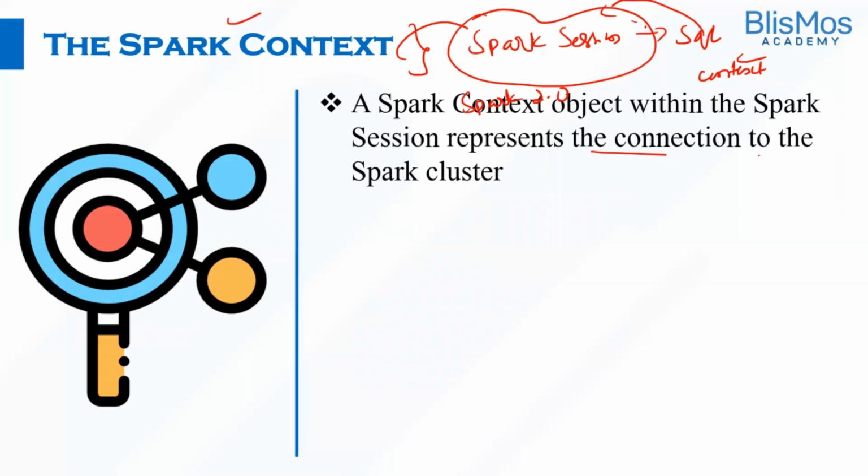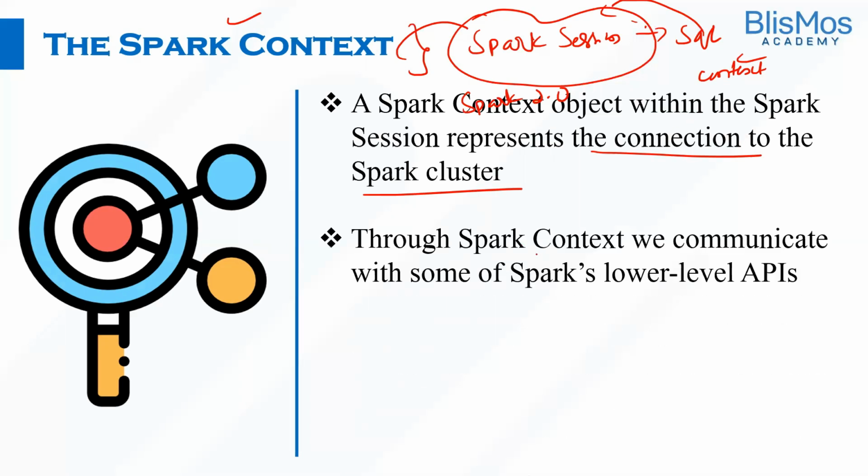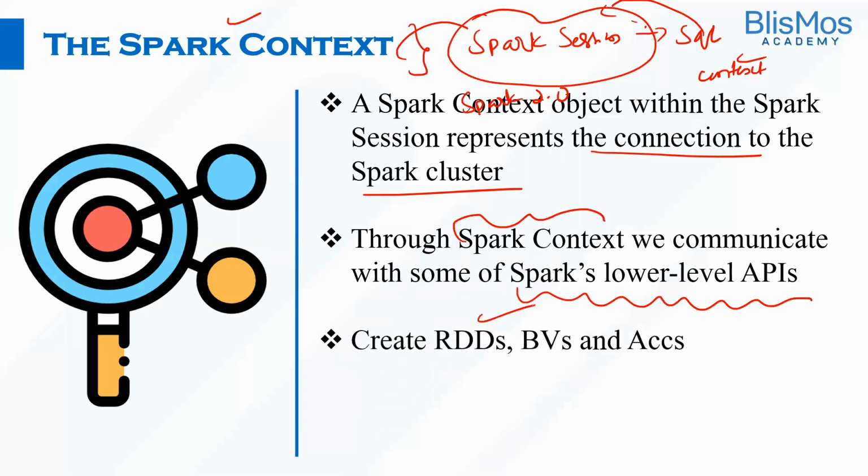As we already understood, the Spark context is the one which represents the connection to the Spark cluster. And through the Spark context, we will be able to communicate with the Spark low-level APIs. If you have gone through the RDDs and distributed variables, we always use the Spark context to create the RDDs, broadcast variables, and accumulators.